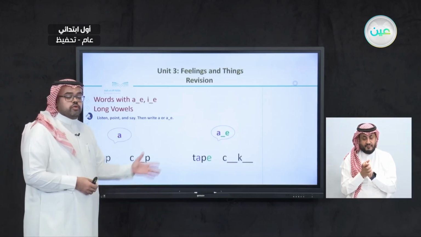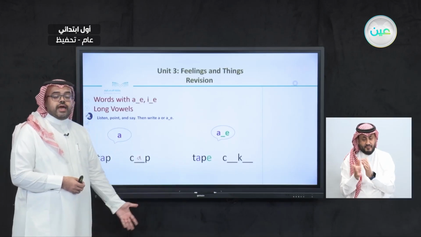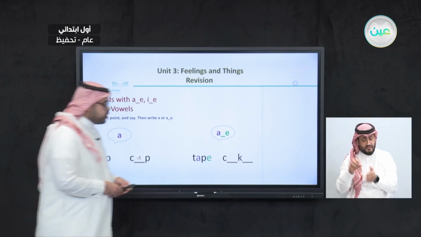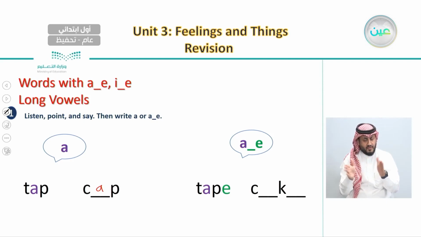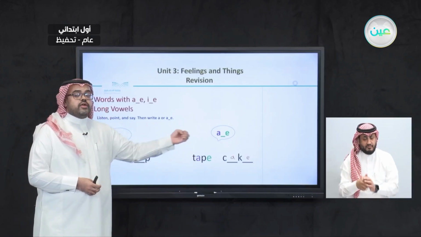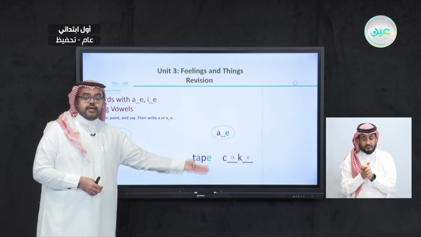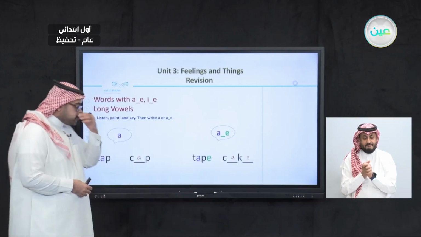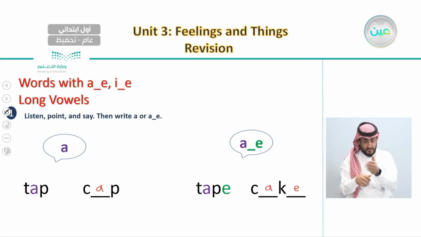But when we add A and E to the word, in this case we pronounce the letter A as a long vowel. We would say cake, cake. So this is the difference between tab, cap, and tape, cake.